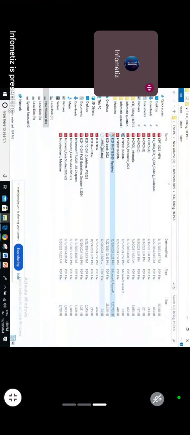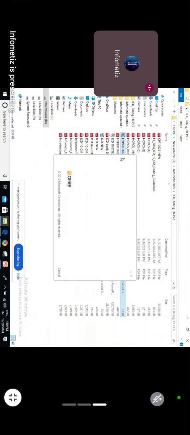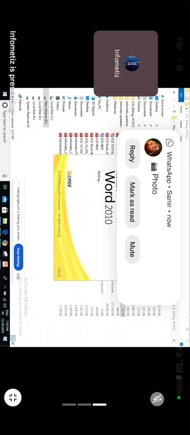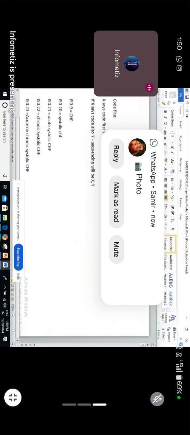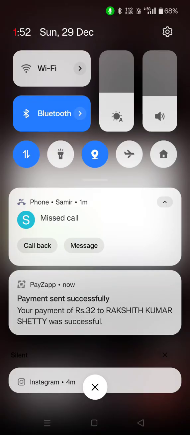Just a minute, guys, I have another document with hypertension. Hypertension code is what? You can remember I10 as a car, alien wala I10. Heart disease. Okay.